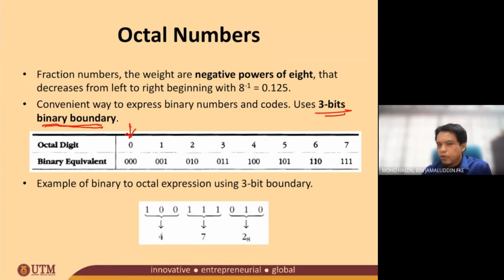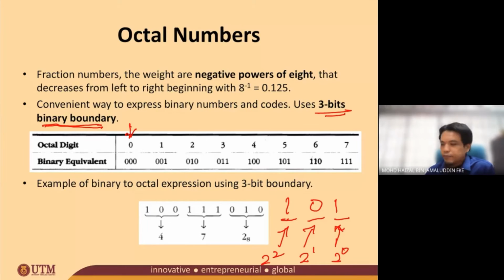When you truncate into a 3-bit boundary, you have 3 numbers. So what does each part represent? This one is 2 to the power of 0, this is 2 to the power of 1, and this one is 2 to the power of 2. For example, here we have the number 1, 0, 1.